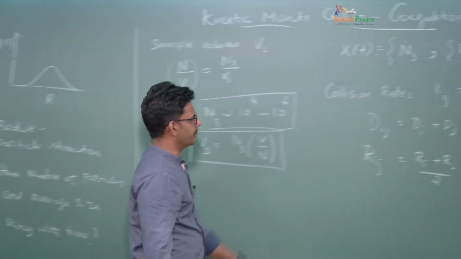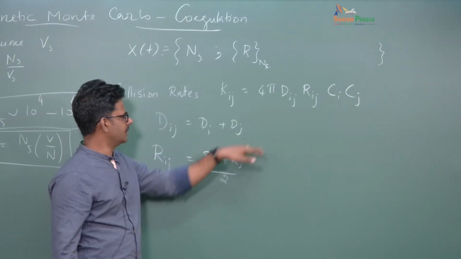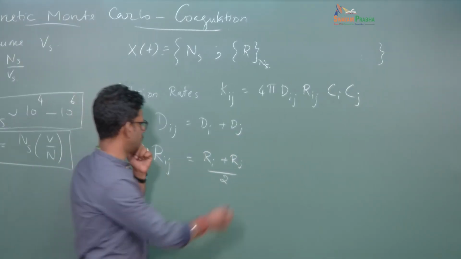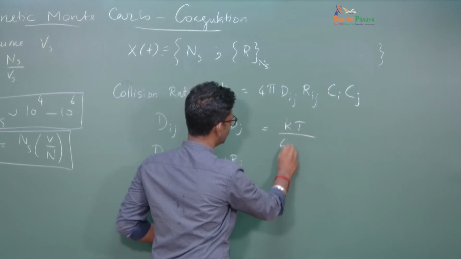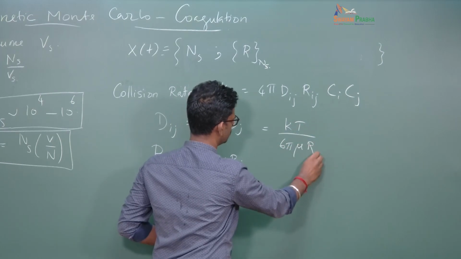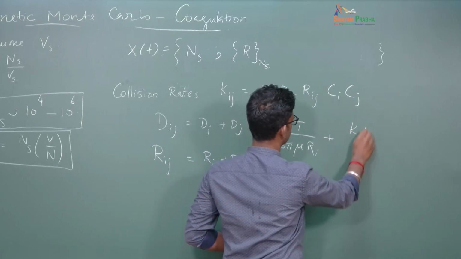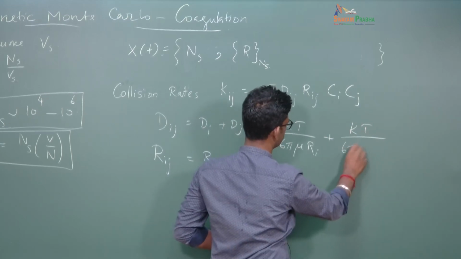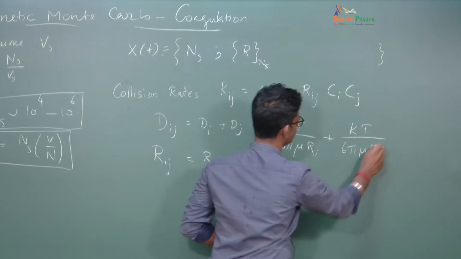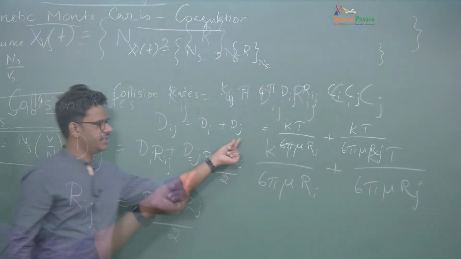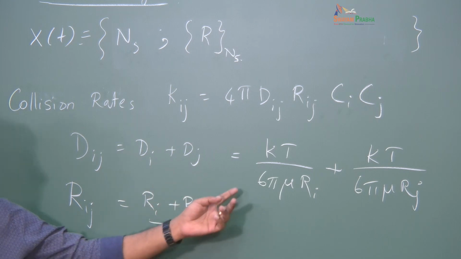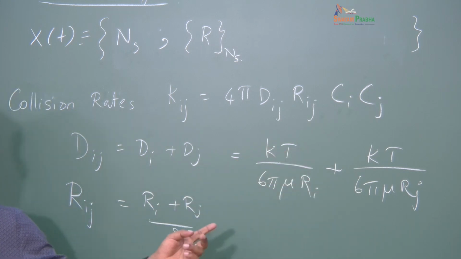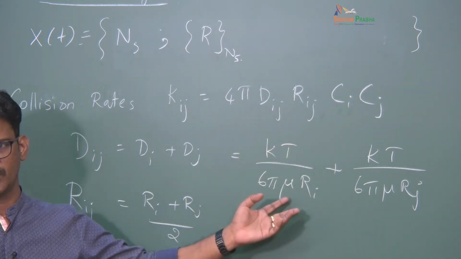Now you can write this in terms of Di and Dj, which are basically the diffusion coefficients of particles I and J, related to the particle size through the Stokes-Einstein equation.